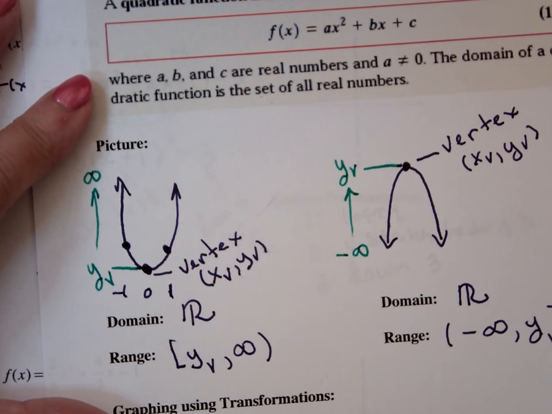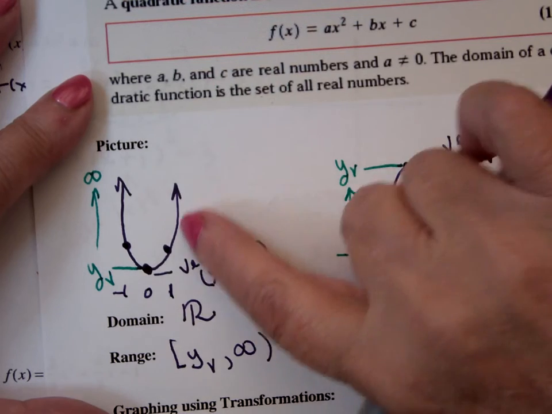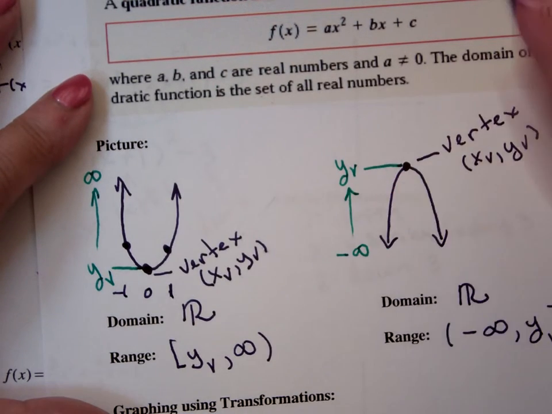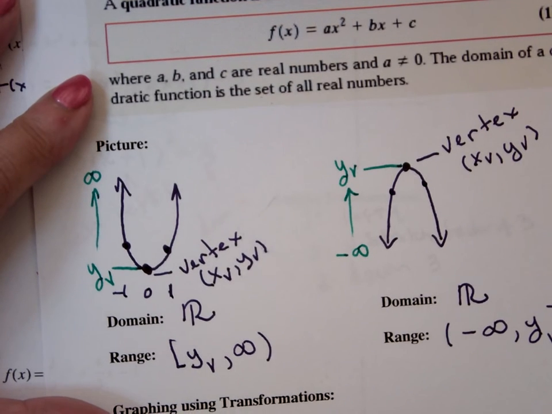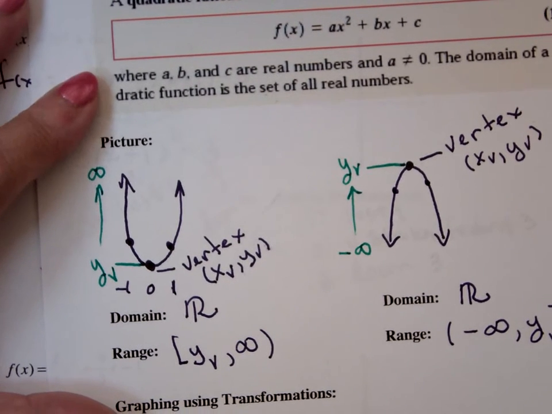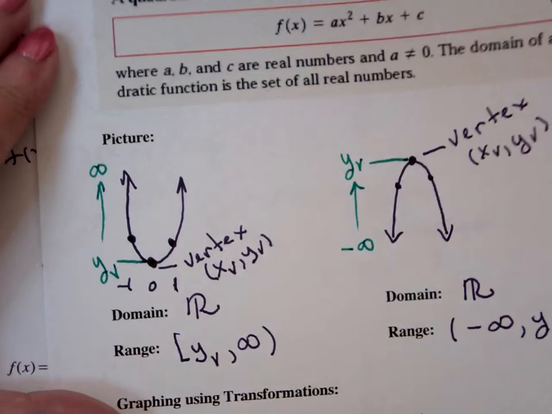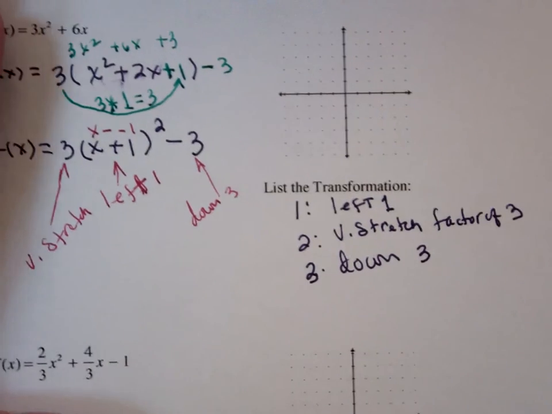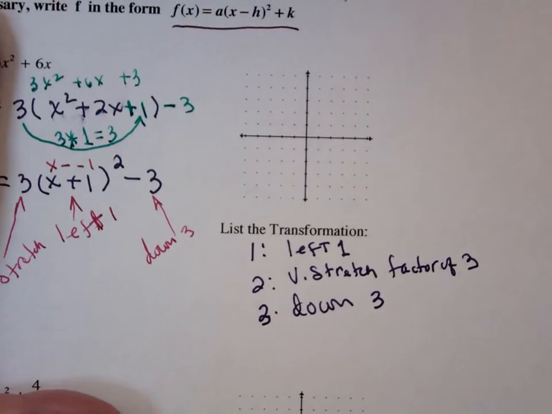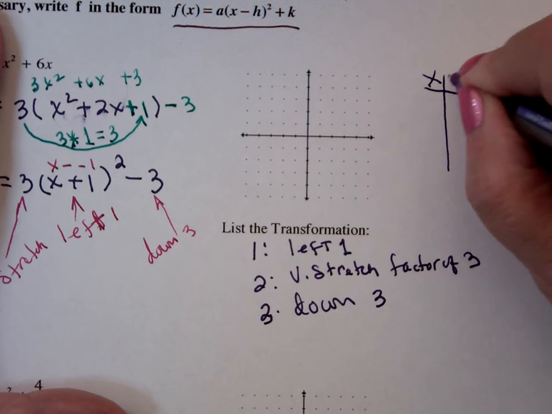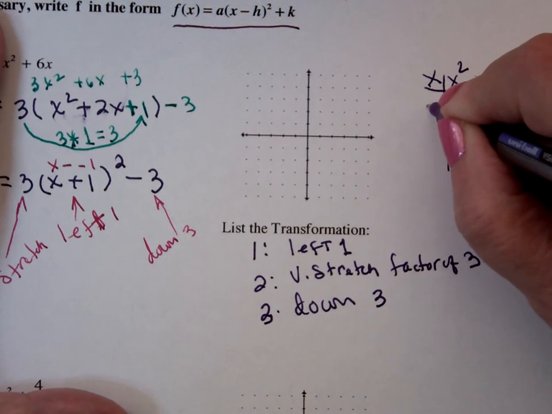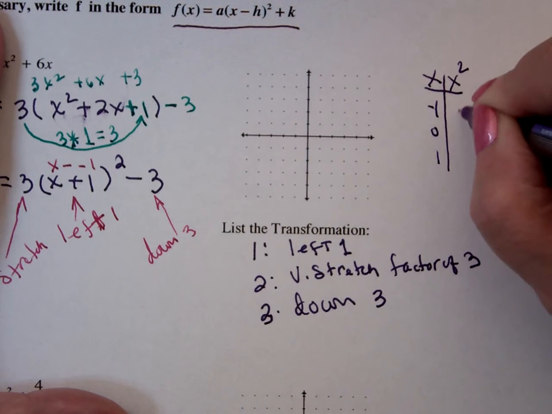So once I have the bowl, you notice it goes up from the bowl, or if I choose 3 points on the guy who's going down, it goes down from the bowl. So I make sure I get the U shape in. Which makes it easier to graph, because if I'm looking at the basic and put in -1, 0, 1, this is 1, 0, 1.